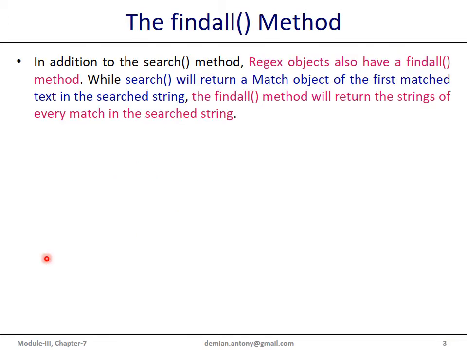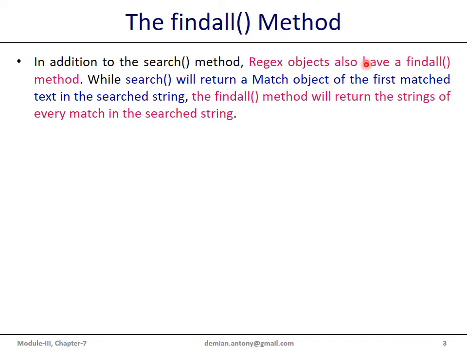In addition to the search method, the regular expression object has one more method called the FindAll method. What is the difference between search and FindAll? The search method will return only the first matched pattern as a match object, and it is a string.